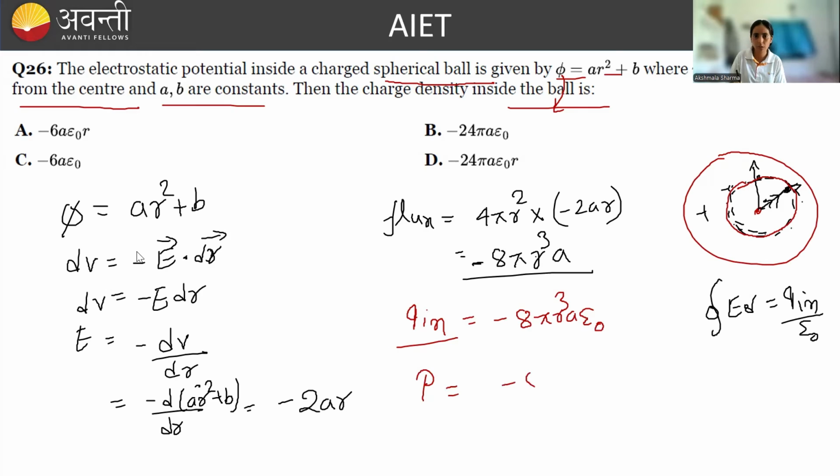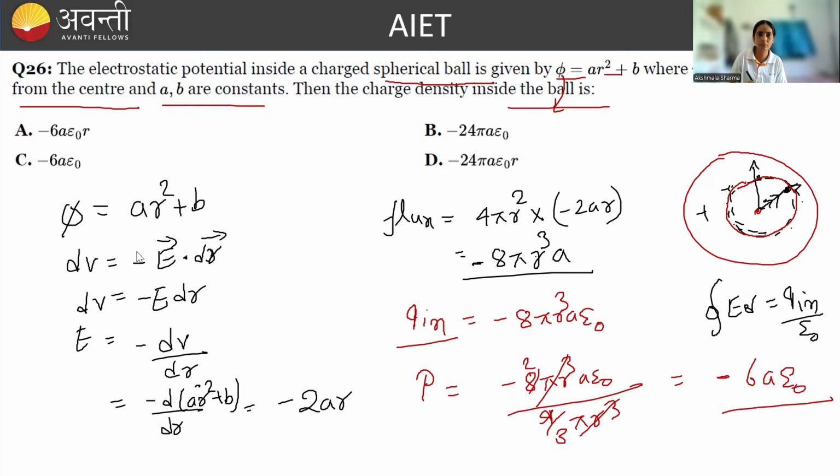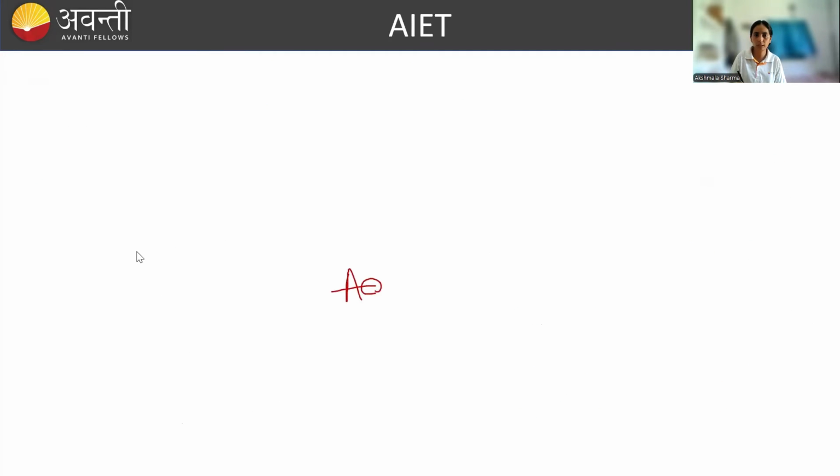Rho is equal to minus 8 pi r cube A epsilon naught divided by 4 by 3 pi r cube. So this will get cancelled, and 4 goes into 8 two times, 3 will go up, then it becomes 3 into 2, 6, so minus 6A epsilon naught. So the correct answer will be C. Answer is C.